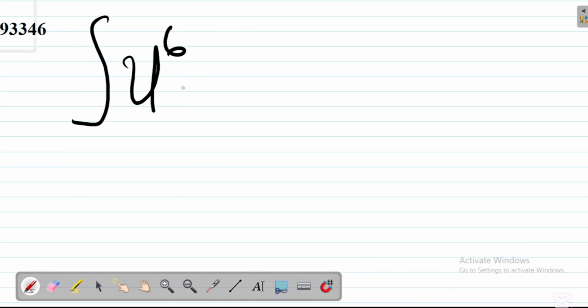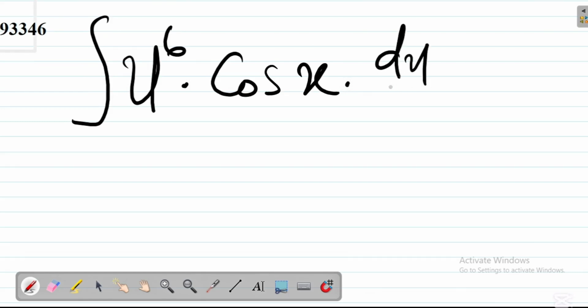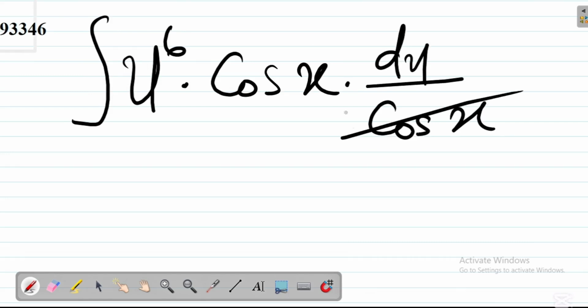So our next task is to substitute the necessary parameters into equation 1. So if we substitute into equation 1, we would have integral of u raised to power 6 multiplied by cos x multiplied by du all over cos x. So cos x cancels cos x.